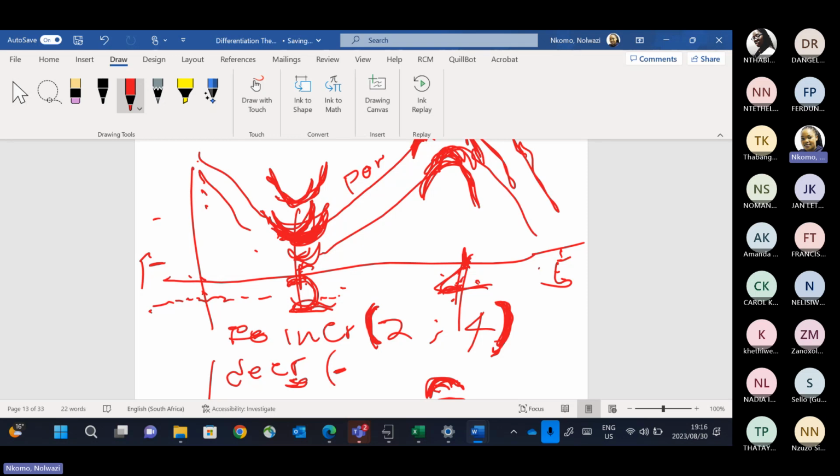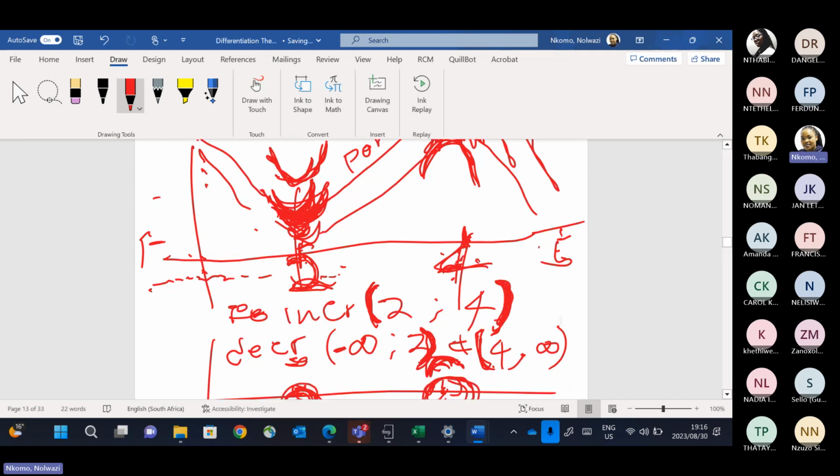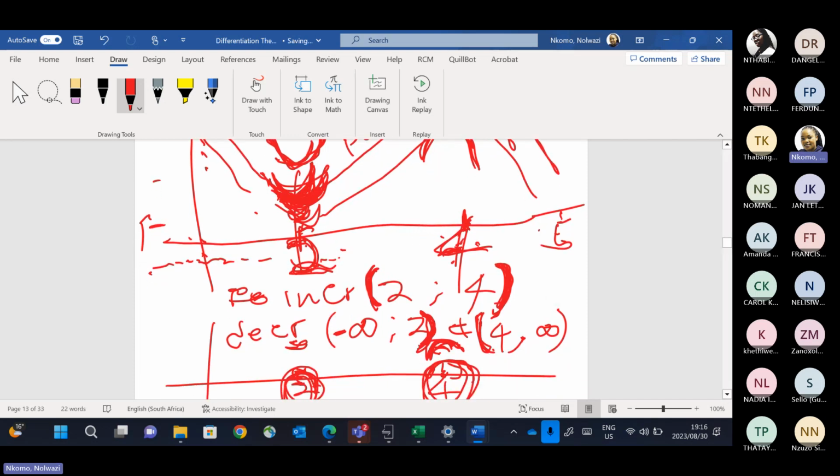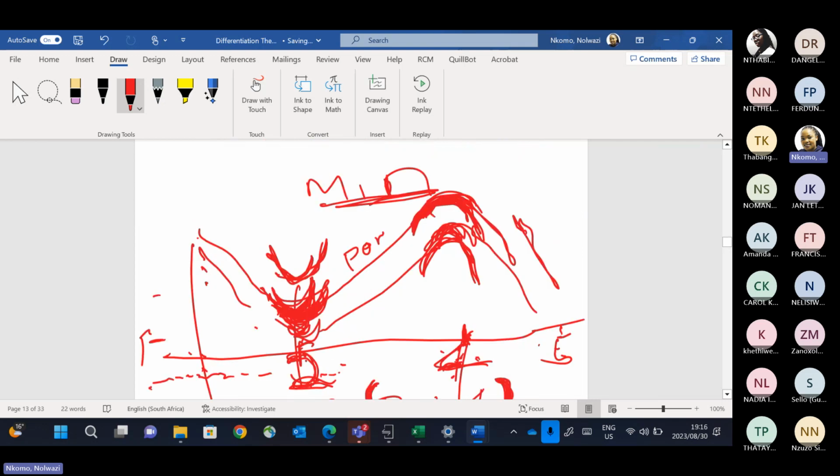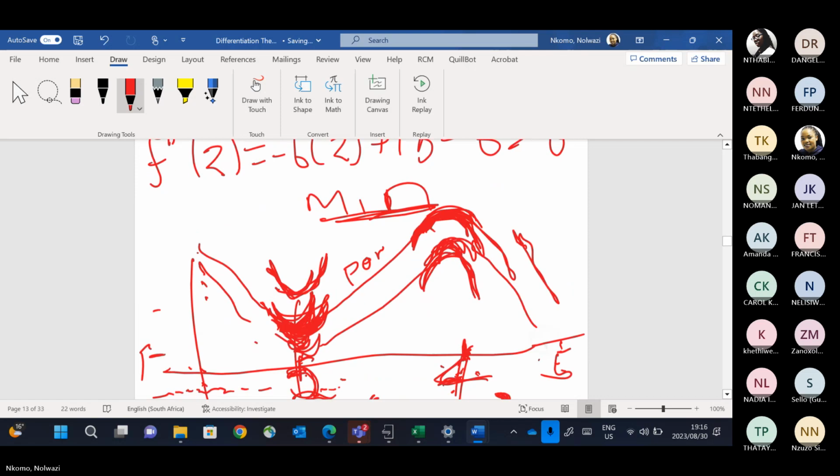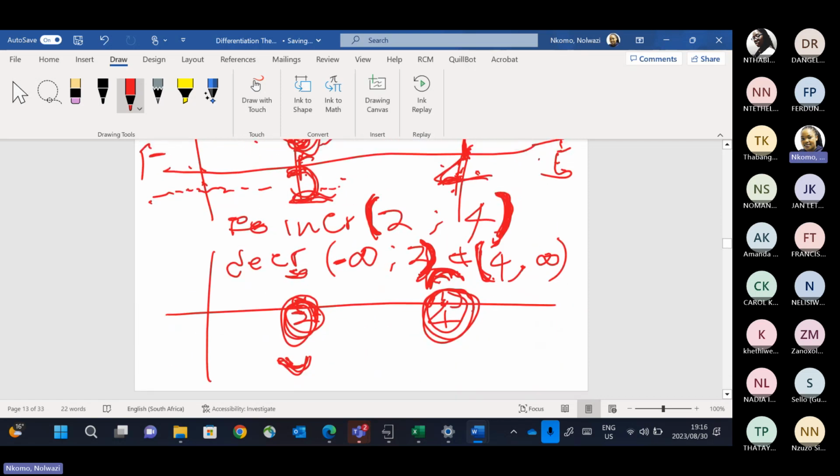So we say decreasing from minus infinity to 2 and from 4 to positive infinity. Remember, at 2 and 4, again, the slope is 0, so we're not going to include them here again. If you are asked to determine the interval whereby this function is increasing or decreasing, you should have this as your solution.